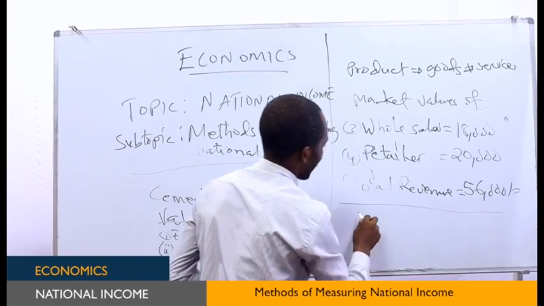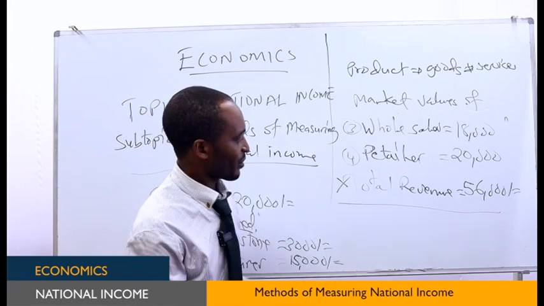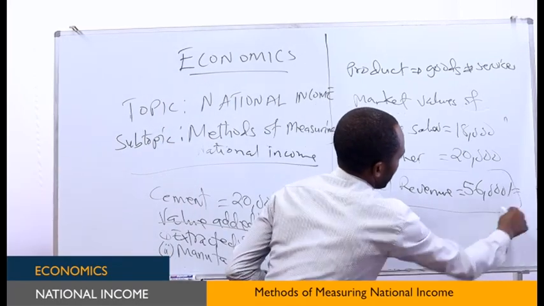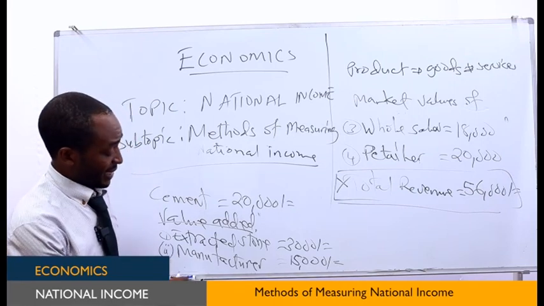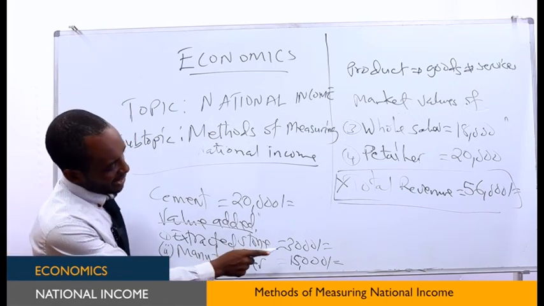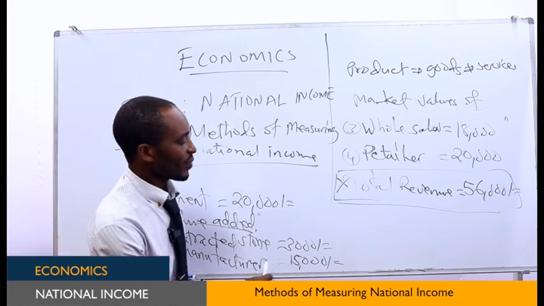So this 56,000 is not the national income, so don't use this one. We need to use the value added approach.